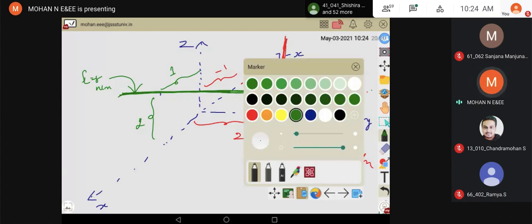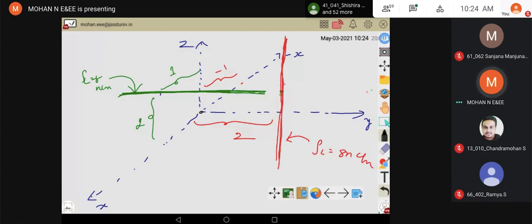The potential V is 100 at the origin. Now you have to obtain the potential difference. Where is P? P is at (4, 1, 3), somewhere here.